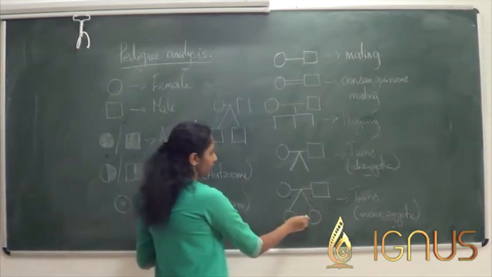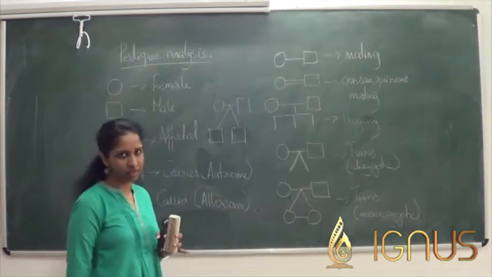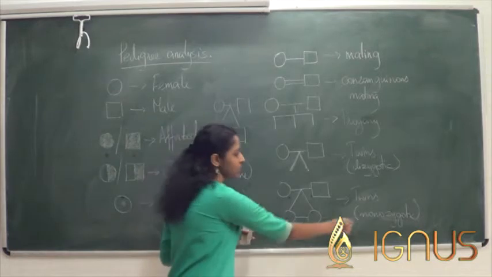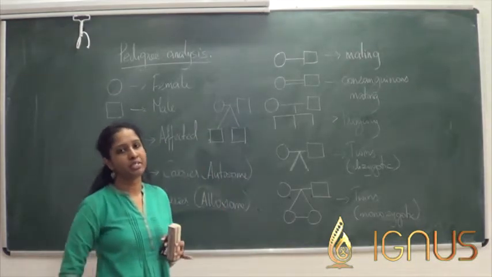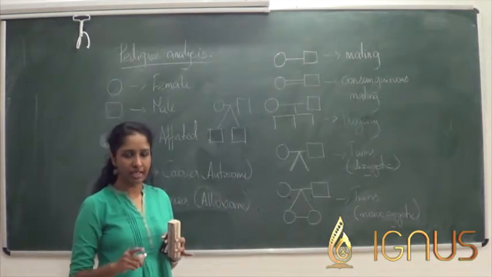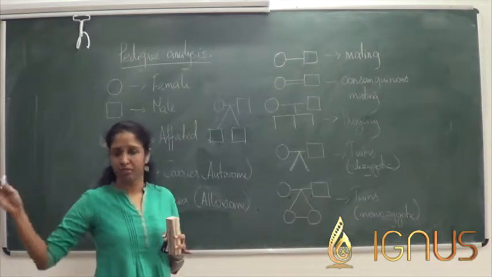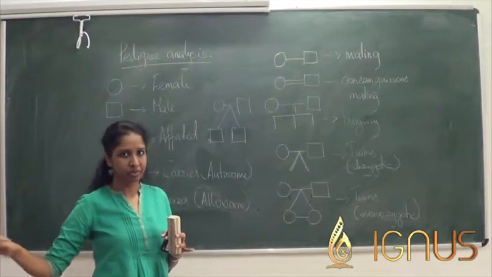If there is a line being drawn in between the progeny, the twins, then they are monozygotic twins, meaning that the twins are originating from one single zygote which divided into two during some stage of development.